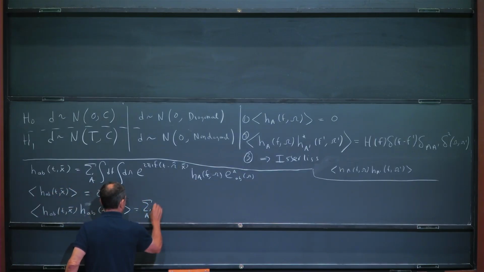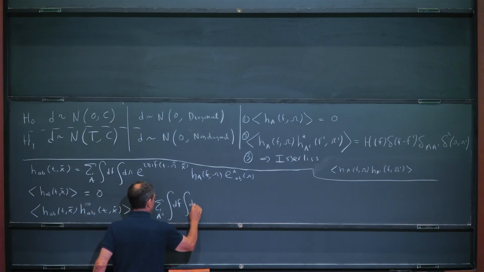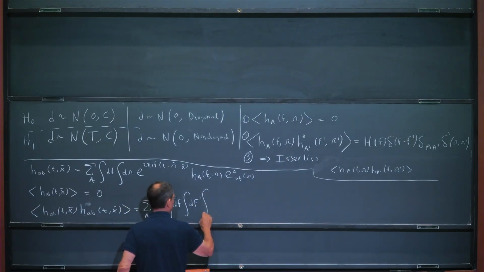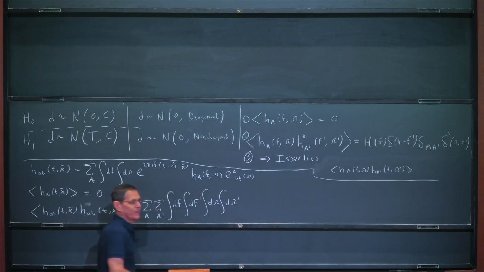We're going to have a sum over a, a sum over a prime. There's going to be an integral over f, an integral over f prime, an integral over omega, and another one over omega prime.